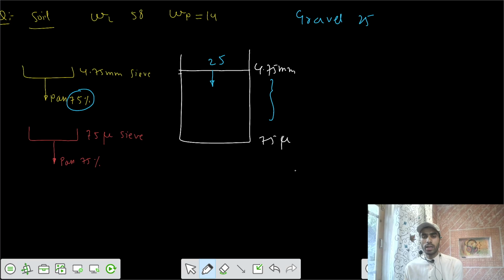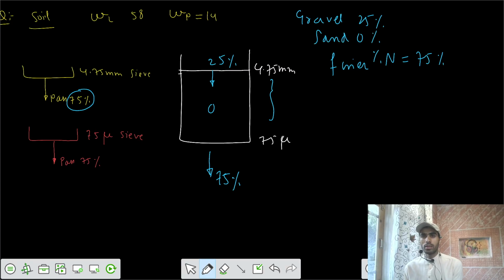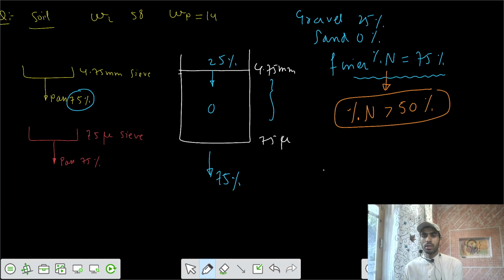I would say retained there is 0, because that 75% has passed the 75 micron sieve. So your percent finer is 75%, and sand is 0%. From the classification system, if your percent finer is greater than 50%, that means the soil is a fine-grained soil.